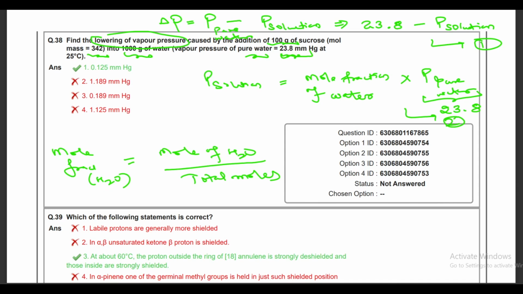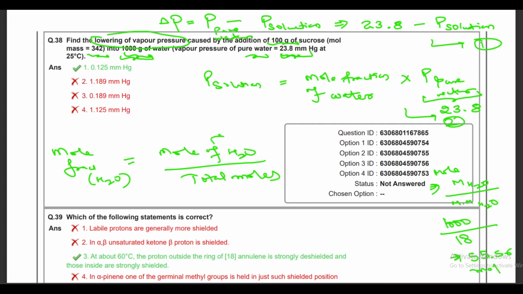To find moles, that is equal to mass of water divided by molar mass of water. The mass of water is already given in the question, that is 1000 gram. Clear? And the molar mass of water is 18, and when you solve it, you will get 55.56 mole.